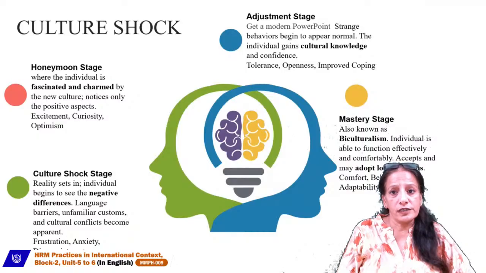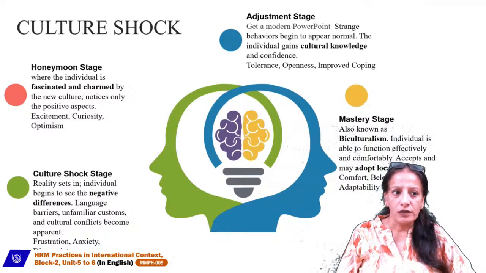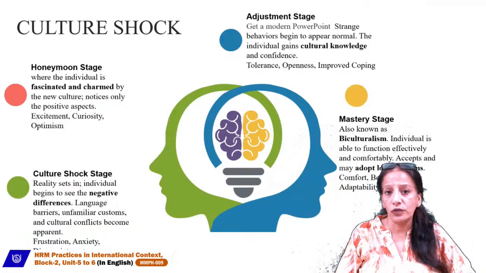So when we say cultural shock, it is one thing which the candidate goes through in stages. The first stage is the honeymoon stage, where the individual is fascinated and charmed by the new culture.